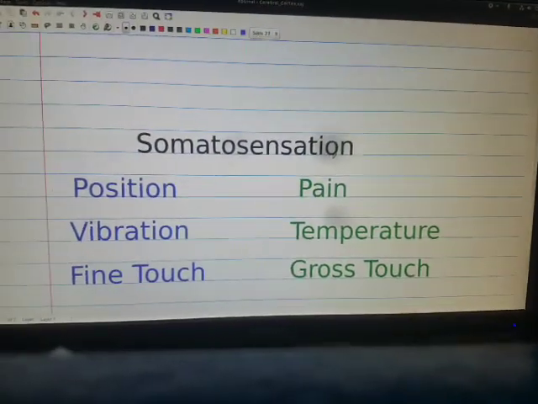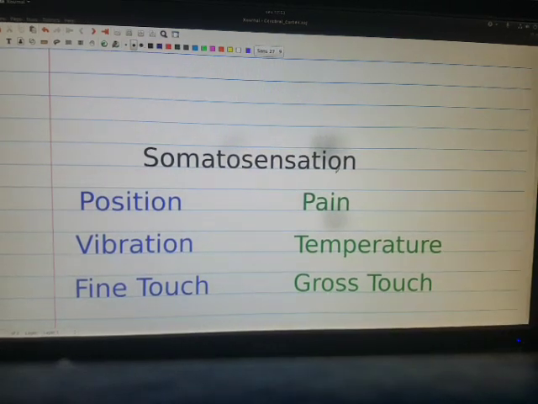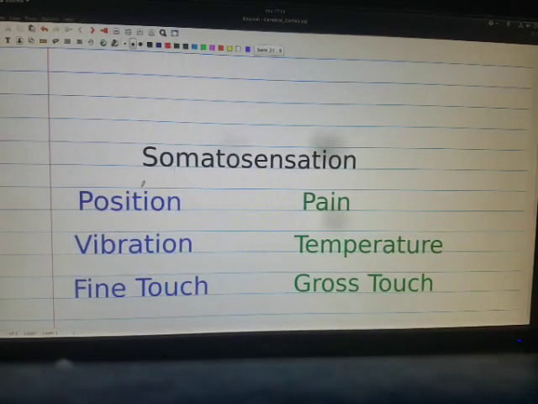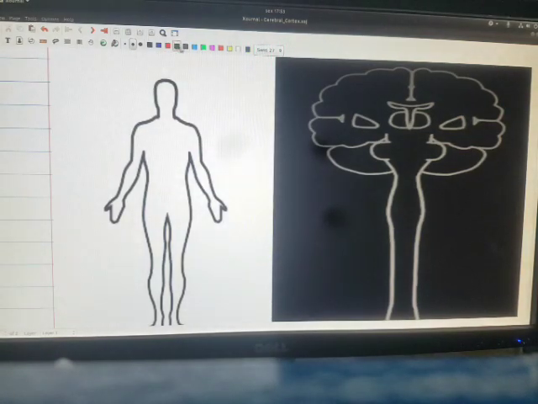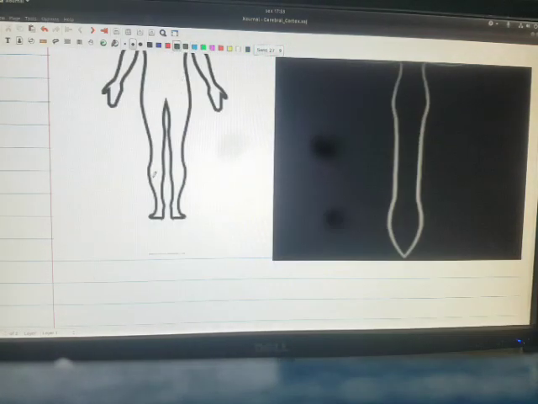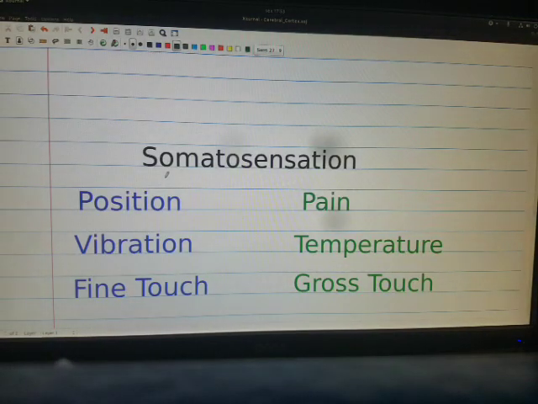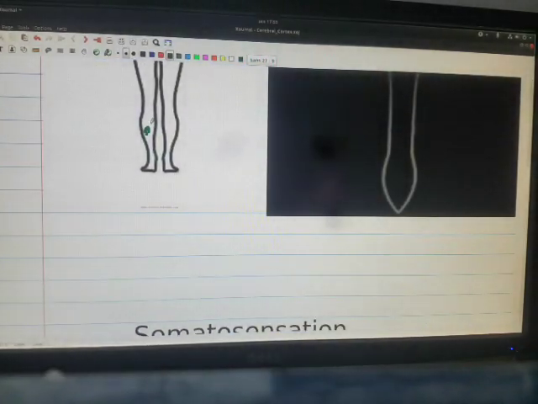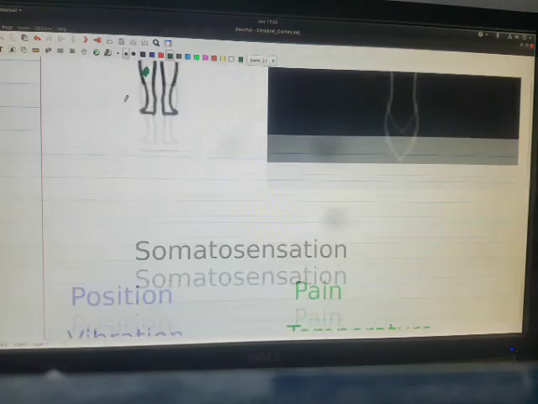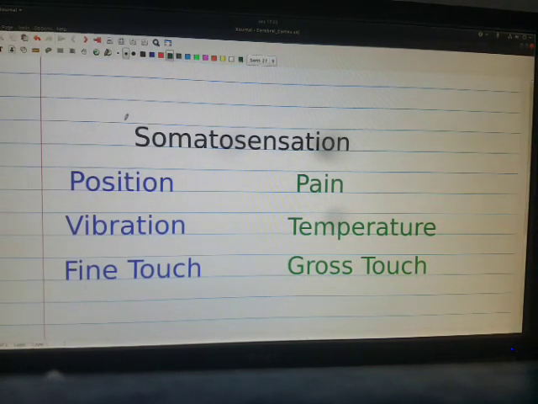The first group has to be about position, vibration, and fine touch, and the second is pain, temperature, and gross touch. So let's say I have a sensor on my left foot, so on my left leg.